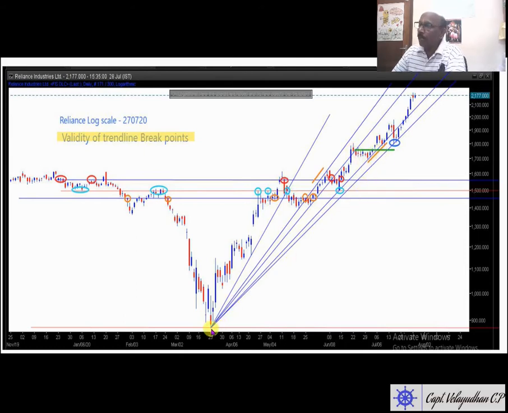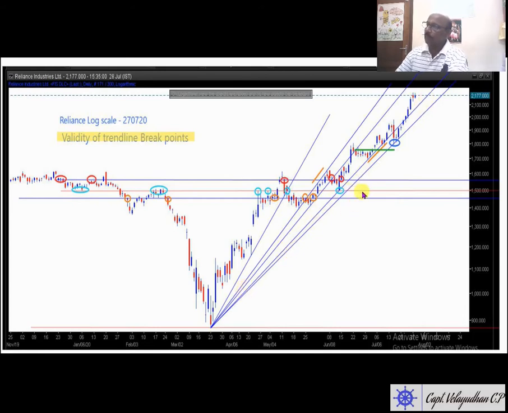I drew one more trend line from here to this point and extended. So I saw this trend line taking support for 1, 2, 3, 4, 5, 6, 7 days, and it broke here. Then price again went up, slightly breaking above, and this is the price level now.